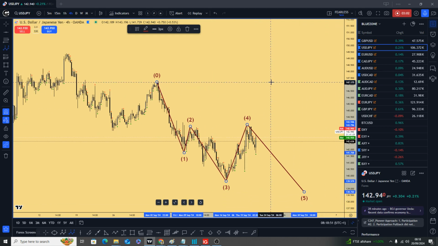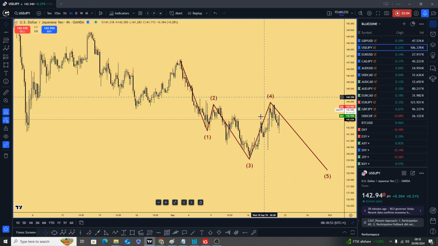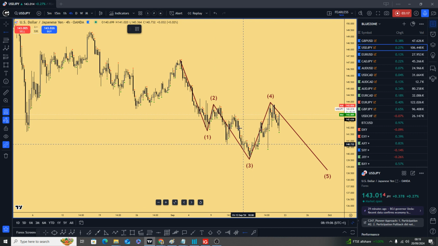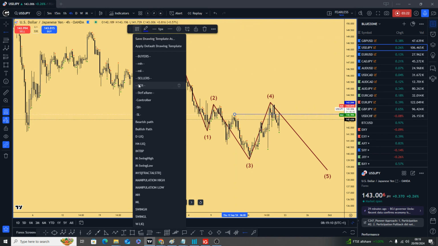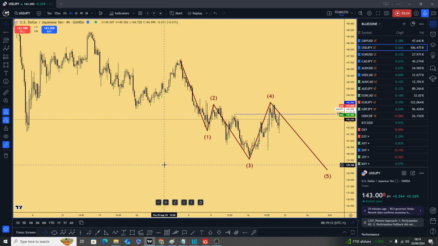So today, I've tried not to draw the Fibonacci on this chart for the last, I think, 3 updates that I did on the 4-hour chart, because I wasn't sure whether this thing is ready or not. But from what we can see in the last 2 or 3 sessions, especially after the news, this 4 is valid. We've seen a lower low after this high, like ABC.